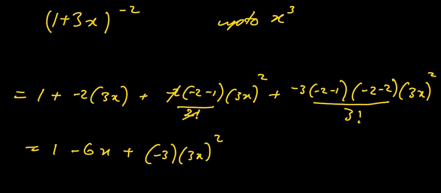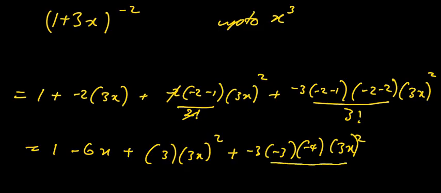Then the negative doesn't go away here. Then this guy here is going to be negative 3, negative 4 and 3x cubed. Then down here you just have 3 factorial, which is simply 6, right? So this is what you get.